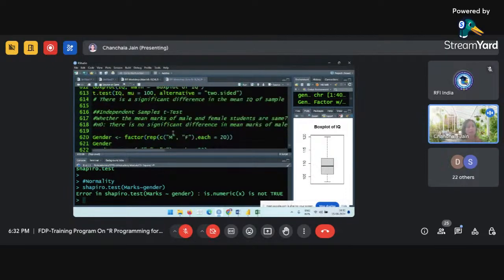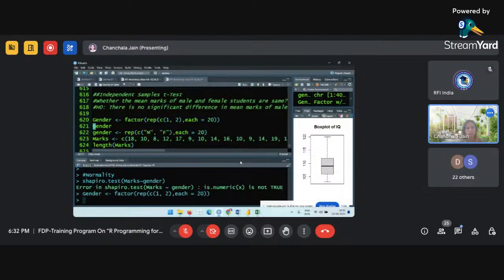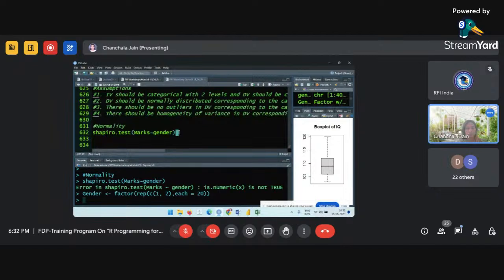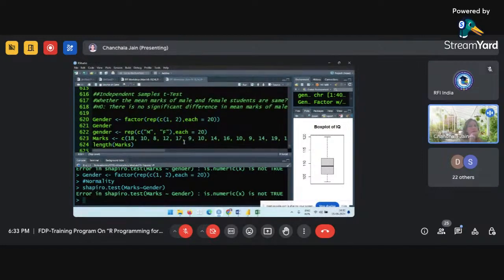This is the problem. I'll try to resolve it like this. It should be numeric now.